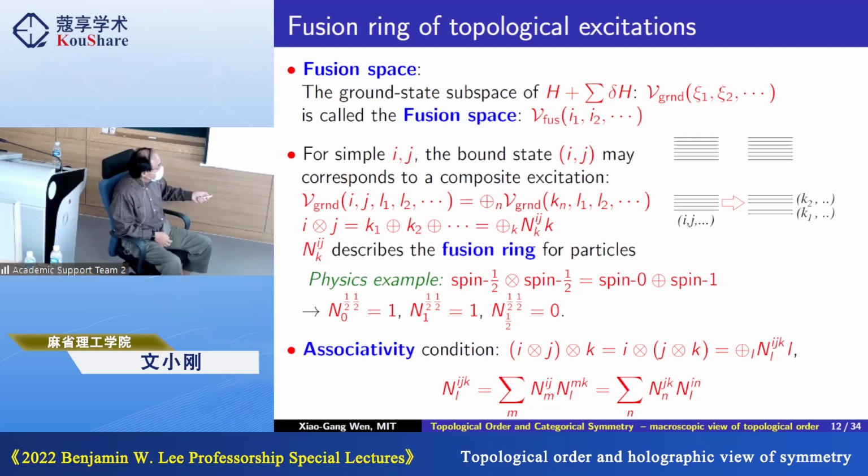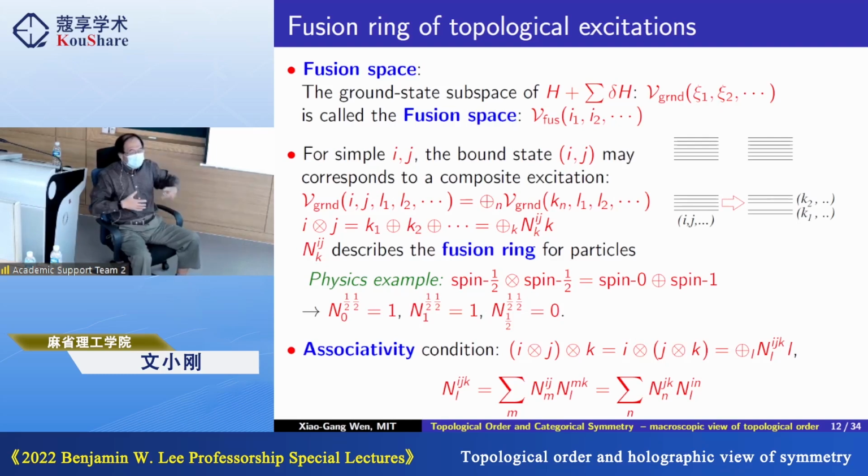When we have three excitations, we can fuse I and J first, then fuse K, or fuse J and K first, then fuse I. You should get the same thing. So that means this non-negative integer N_ij^k satisfies this kind of condition.